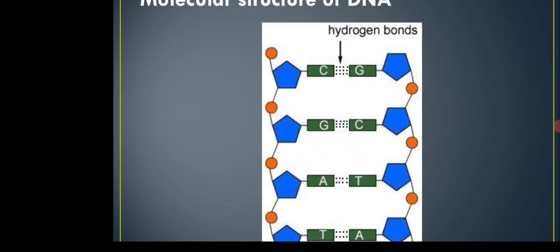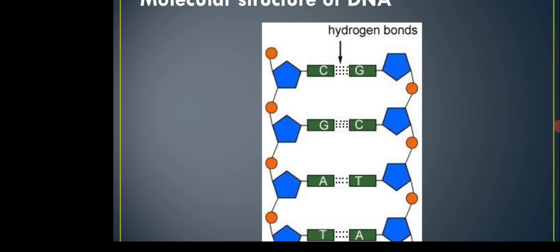Always remember this thing, that the two strands attach with each other with the help of hydrogen bonds, and these hydrogen bonds are present between the nucleotides.